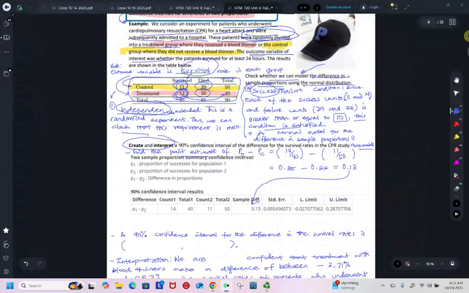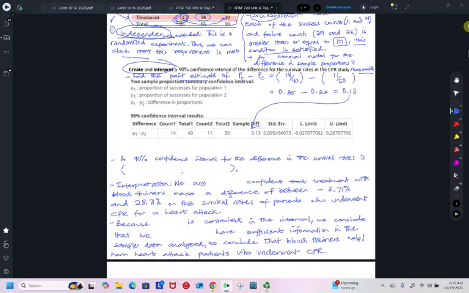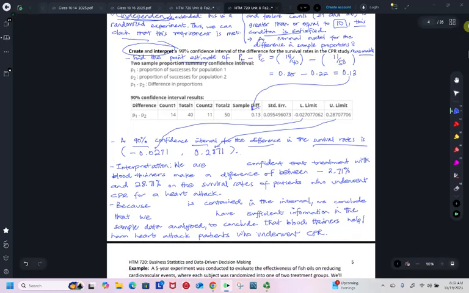Okay, with that said, what do these two values mean? A 90% confidence interval for the difference in survival rates goes from negative 0.0271 to 0.2871. So what does this mean?